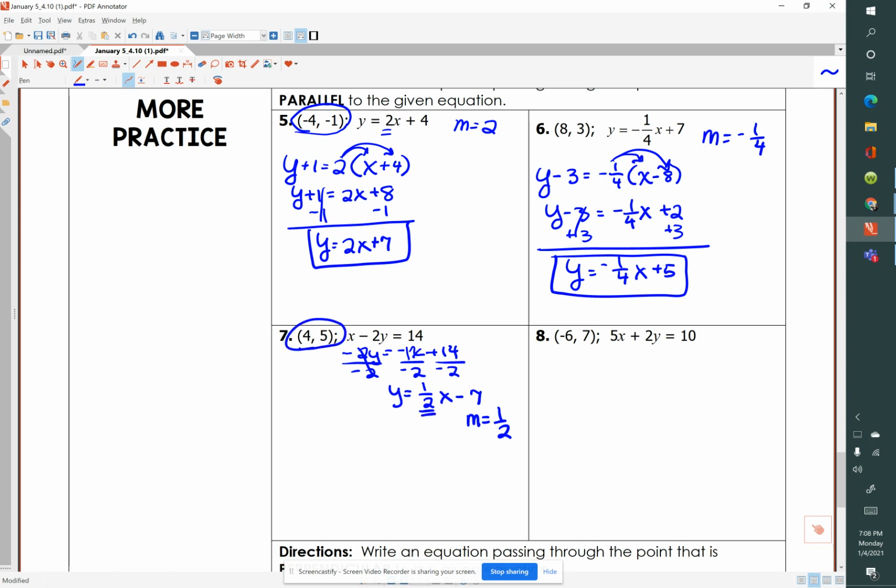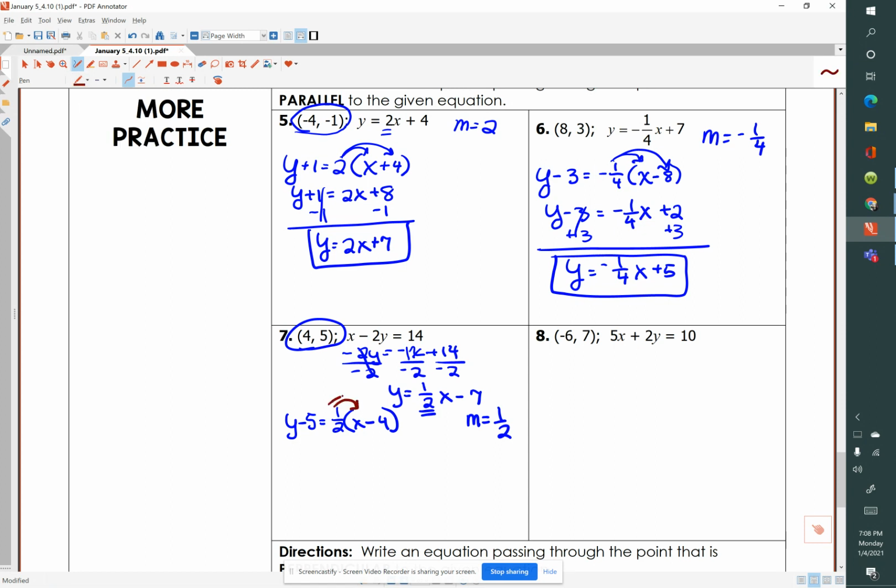Now I'll use the point 4, 5. Y minus y1, which is 5, equals our slope 1/2 times x minus x1, which is 4. I think I'm going to change my color here.